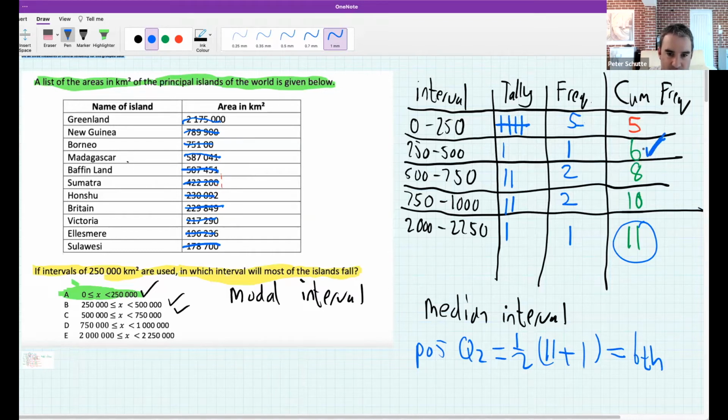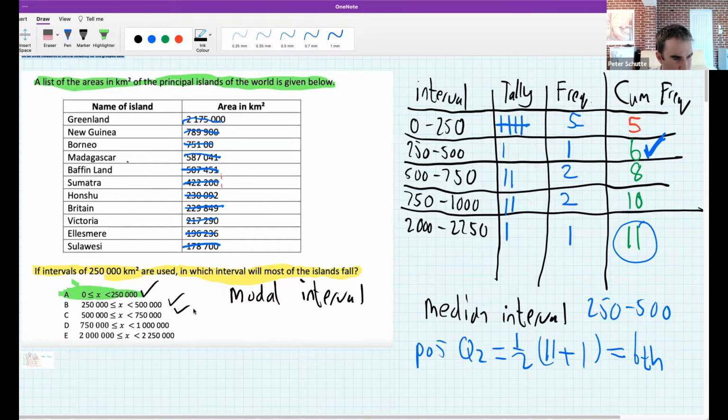And wasn't the position of the median the 6th position? It was. And so we would say the median interval is going to be between 250 and 500,000 kilometers. So we use the calculation in a similar way, except we count how far into the data we are, and we use the cumulative frequency column.